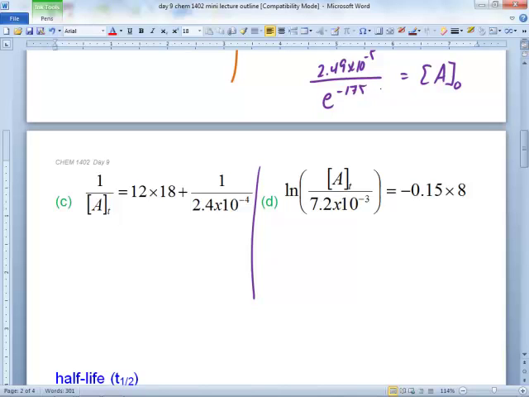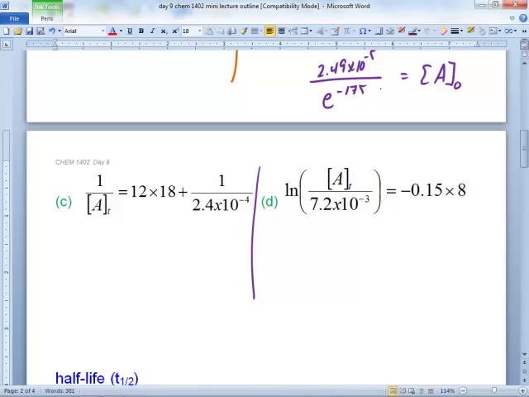Okay. So Vanessa, what would you do first here? She wants to do the 1 over 2.4 times 10 to the negative 4 first. I like that because the way she's doing it, I can do it all in the calculator without writing anything down. Then plus 18 times 12.